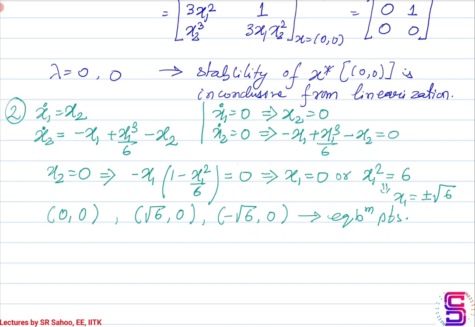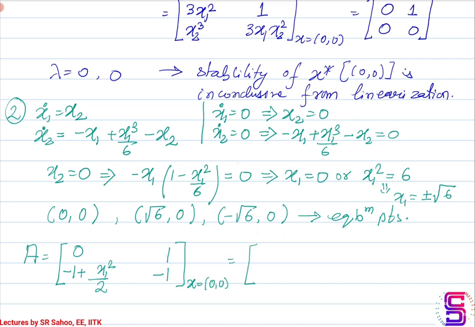Okay, so what you have is A to be equal to 0, 1, then you'll have minus 1 plus 3 x1 square by 6, which is essentially x1 square by 2, and then minus 1, evaluated at x equal to 0 0.